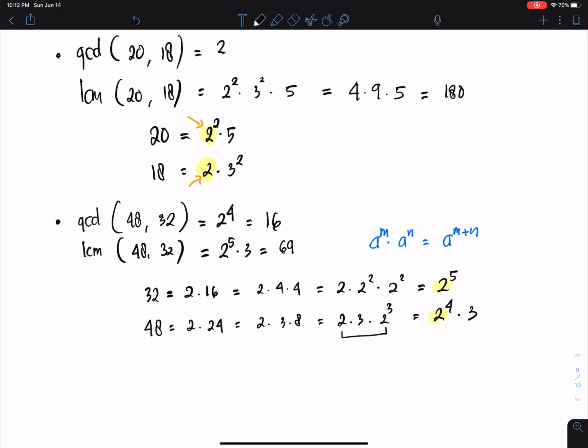Suddenly I get blank. 32 times 3, 69. Sorry, it's not 69 but 96. Okay, so the LCM is 96.